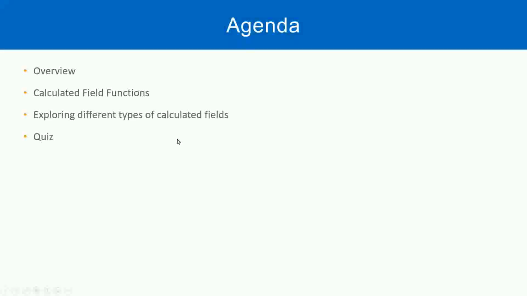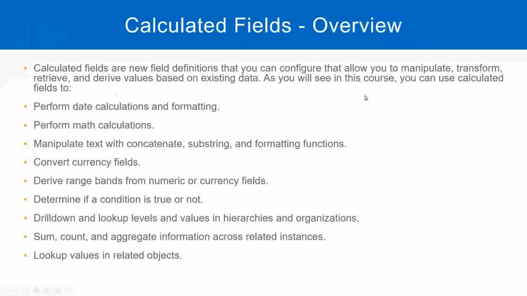Now, what are calculated fields? Calculated fields are new field definitions that you configure, and they allow you to manipulate data, transform, retrieve and derive values based on existing data. So some data would be there in Workday.